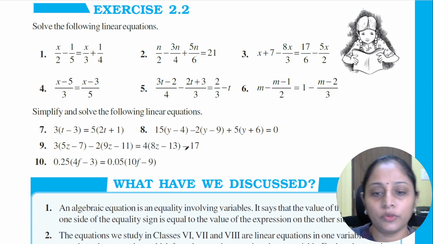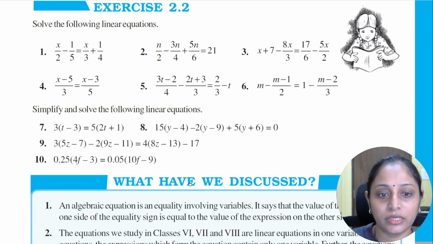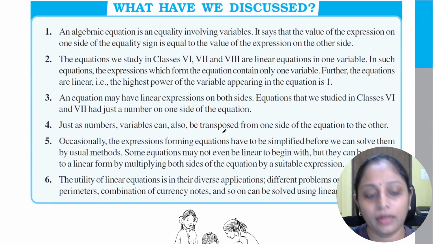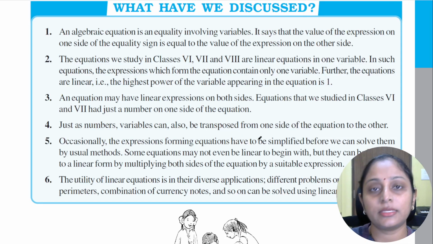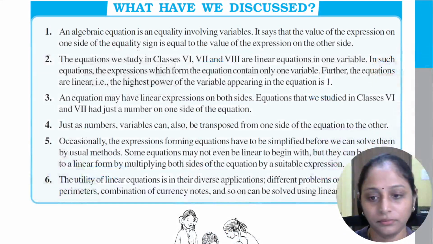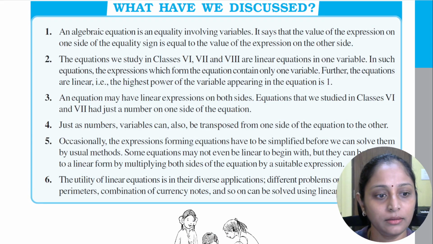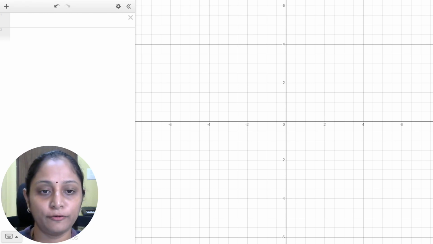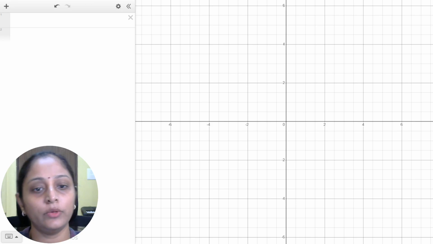So with this we come to the end of this chapter, linear equations in one variable. You can quickly go through what's given in these points. And like I said in the previous video, I want you to check these in the graphing calculator over here by putting the equation in the standard form in this space provided, and you can look at the graph.